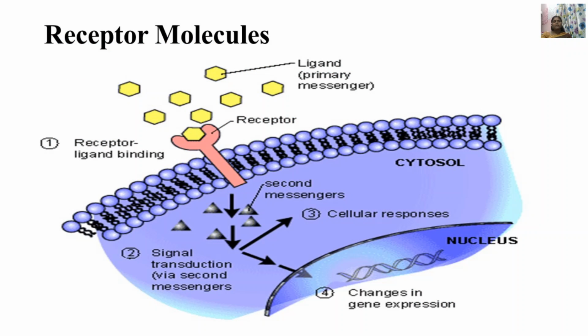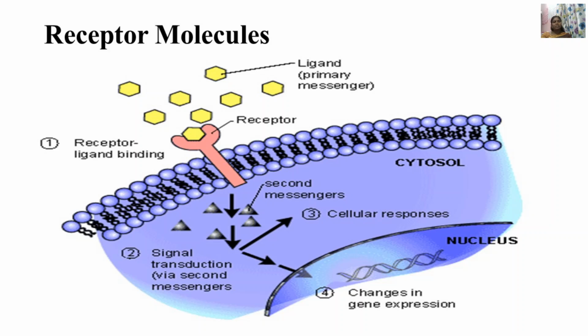Proteins also function as receptor molecules, where the primary messengers are hormones, and the hormones are received by specific binding molecules, that is, receptors. The receptors are present on the surface of the plasma membrane, and they are also proteins. The receptor-ligand binding leads to a cascade of reactions inside the cell, and this signal is received by second messengers.